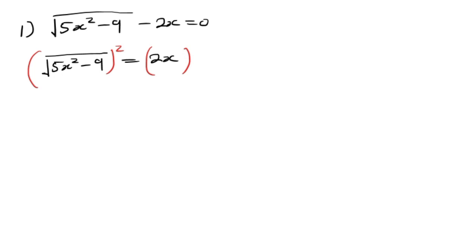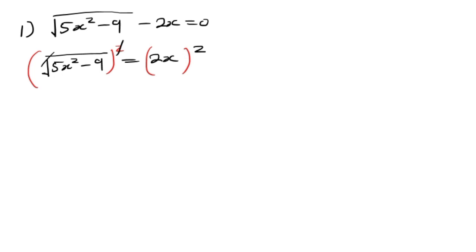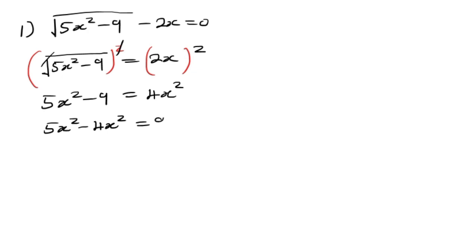So the radical is gone, and this will be 5x squared minus 9, and this will give us 4x squared. Okay, so let's group like terms. This will give us 5x squared minus 4x squared is equal to 9. And we know that 5x squared minus 4x squared will give us x squared. And so we are left with x squared equals 9.